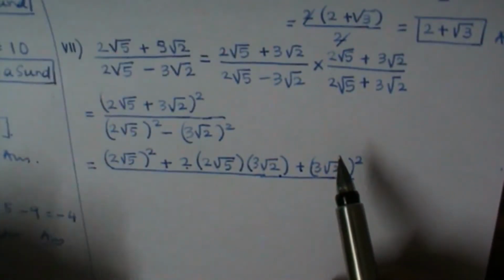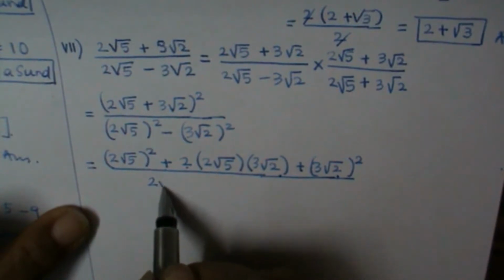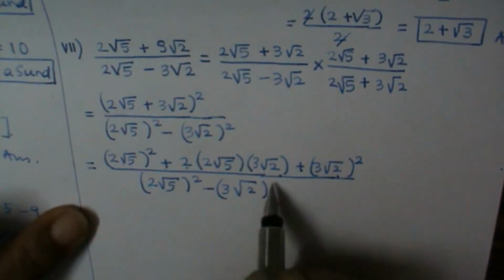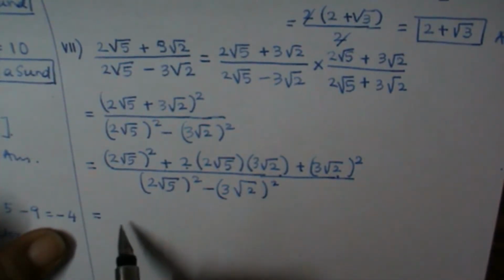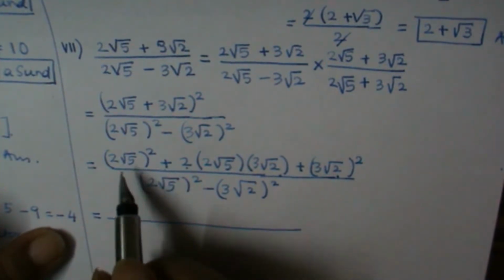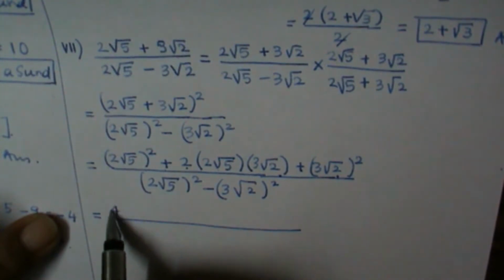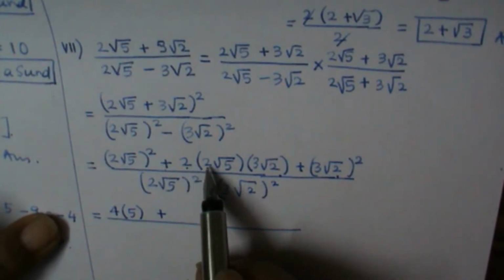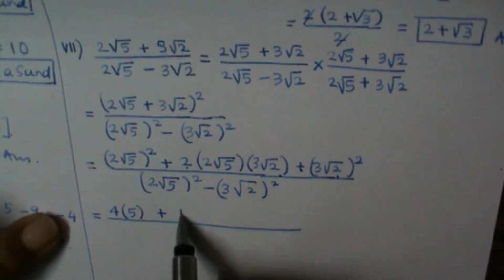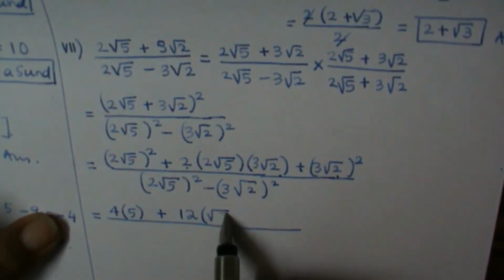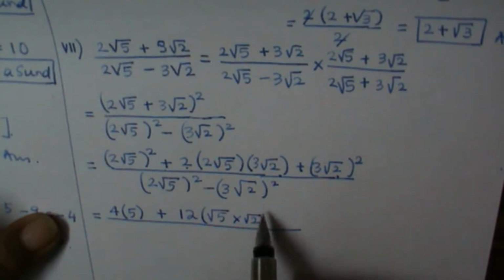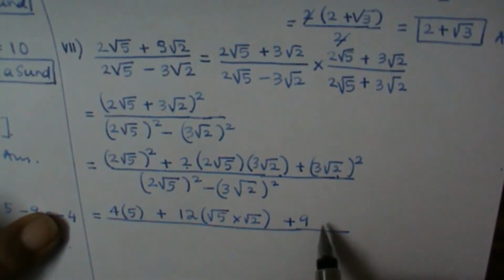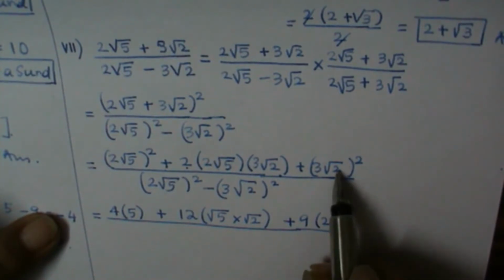So we are on the right track. Now the denominator (2√5)² − (3√2)² is equal to, now the numerator: 2 squared is 4 into 5, plus 2 into 2 into 3, 2 2's are 4, 3's are 12, and √5 into √2, plus 3 squared 9 into √2 squared is 2.